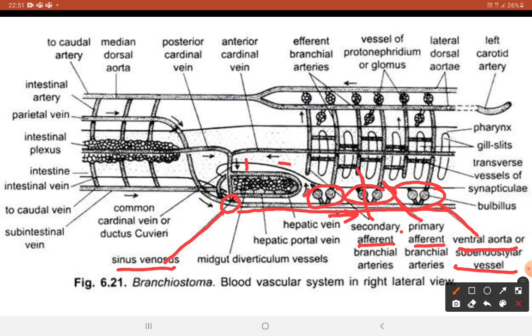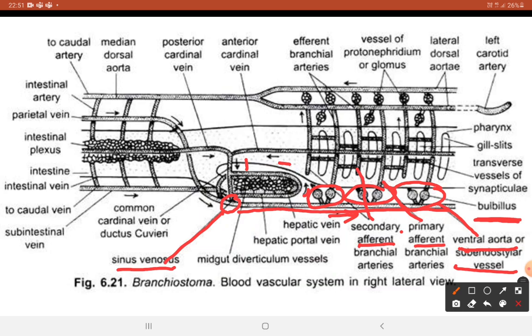These rounded structures are contractile, that means it is a pulsatile organ which can pump the blood. So they are called bulbulus. If it is single, we call it bulbulus or bulbule. In plural form, it is bulbuli. So this helps in circulating the blood.